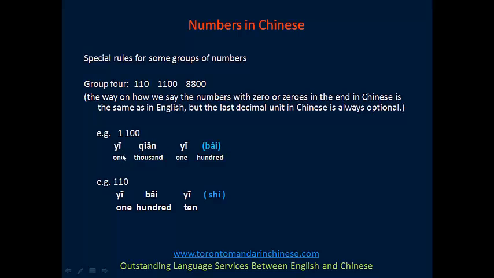In Chinese we say it in full. The short way is you don't have to say 百. Another example, 110. The short way is to skip the last decimal 10, it's optional. You don't have to say it.